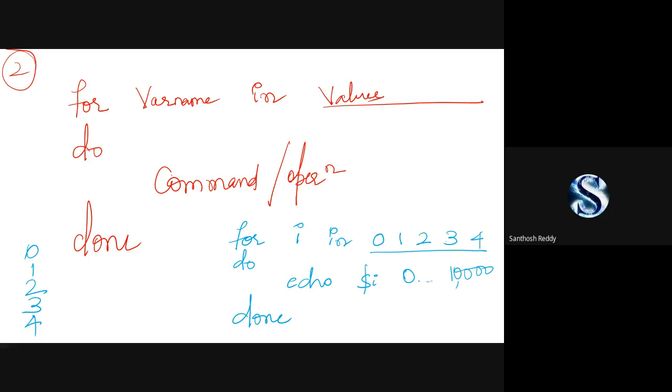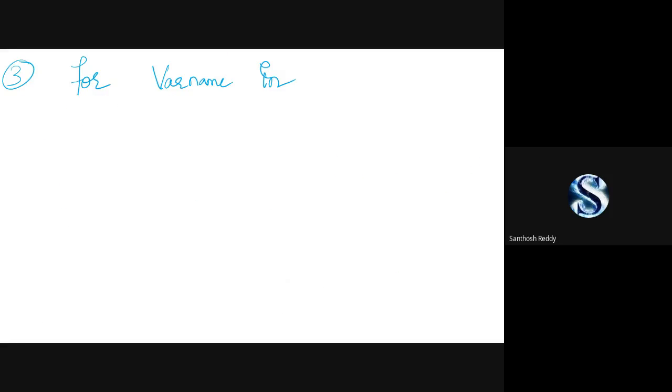So what I'm going to do here is specify the range: what is the minimum value and what is the maximum value. To specify those, we have to open a flower parenthesis.